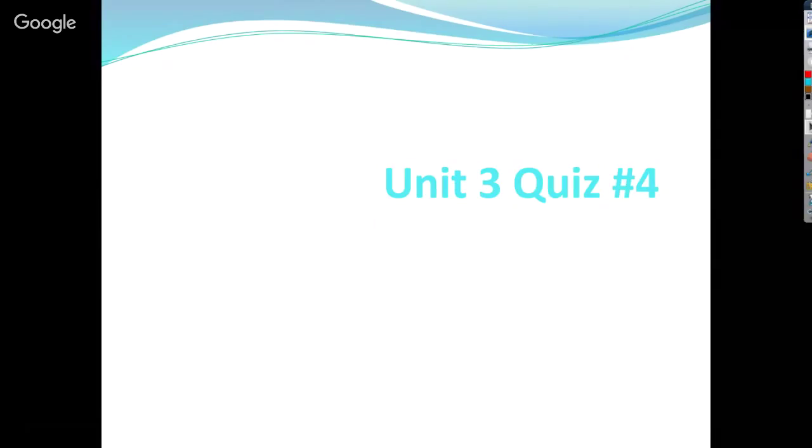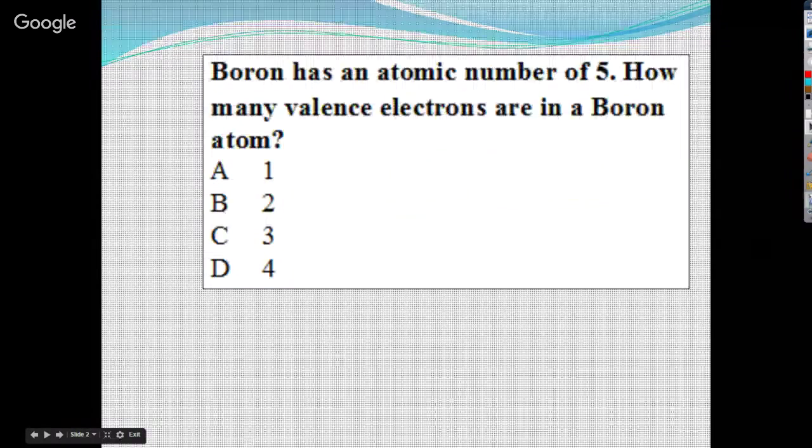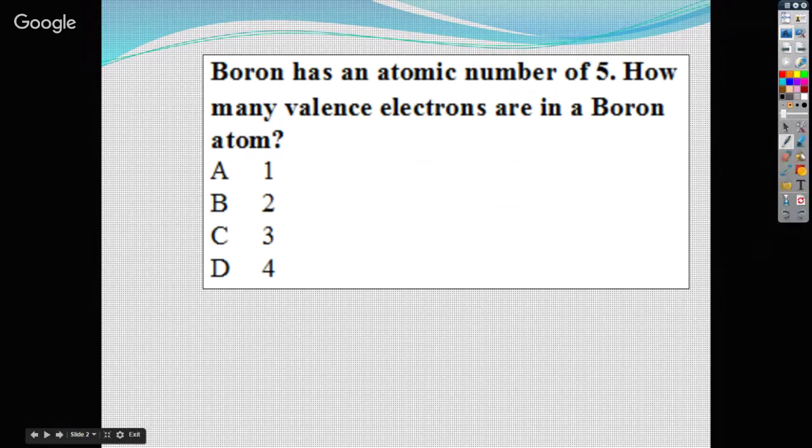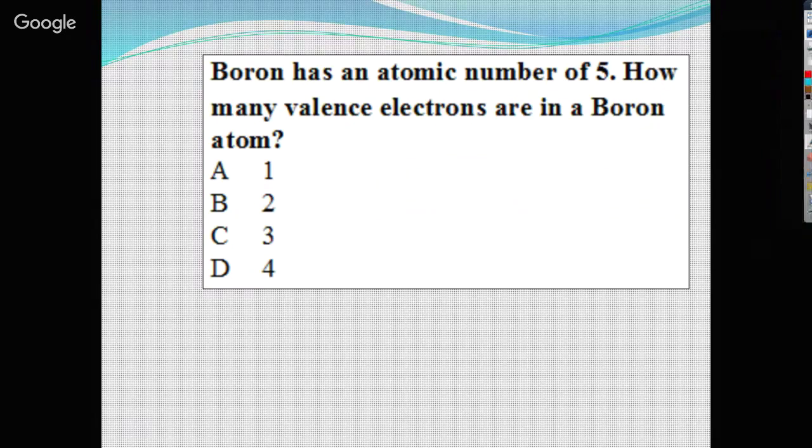Quiz number 4. First question. It says, boron has atomic number 5. How many valence electrons are in boron? Well, first, tell me, if boron is atomic number 5, how many protons does it have? 5.